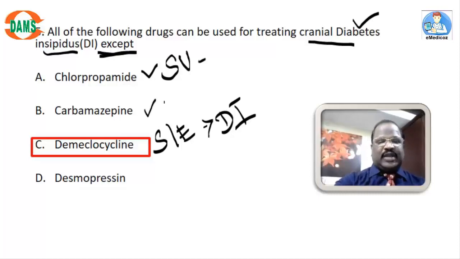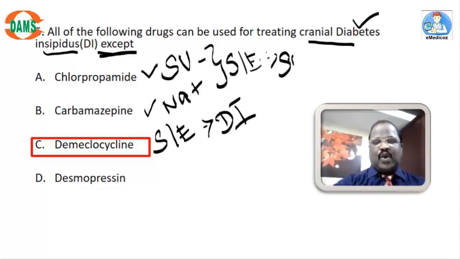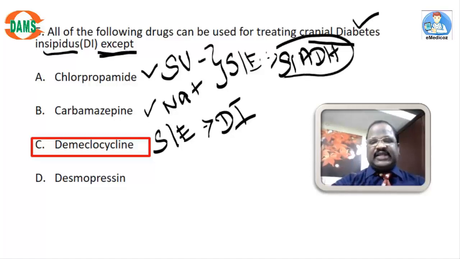Carbamazepine, a sodium channel blocking anti-epileptic drug. These two drugs cause the side effect of SIADH. So remember, chlorpropamide, an anti-diabetic drug, and carbamazepine, an anti-epileptic drug, both of them cause the side effect of SIADH. Because of causing SIADH, they can be useful for treatment of diabetes insipidus.